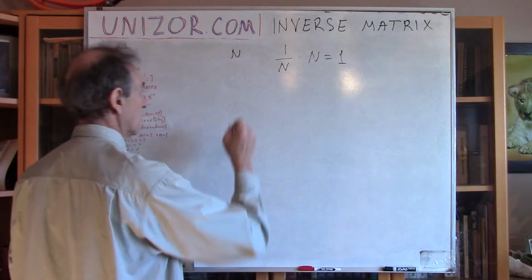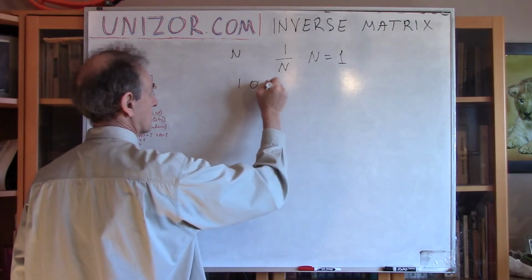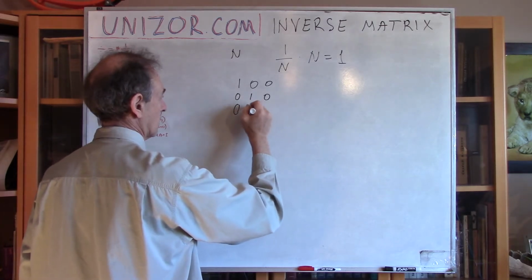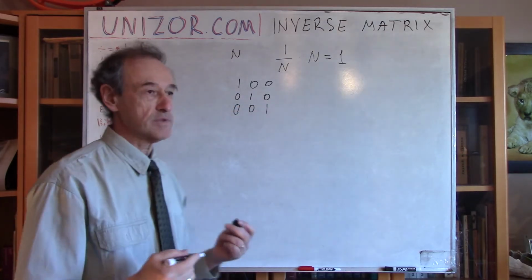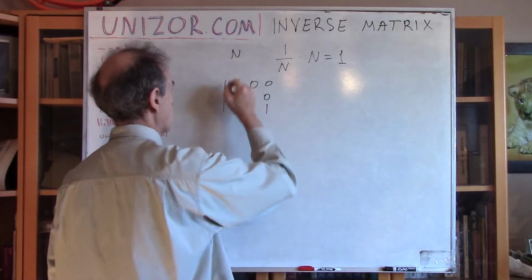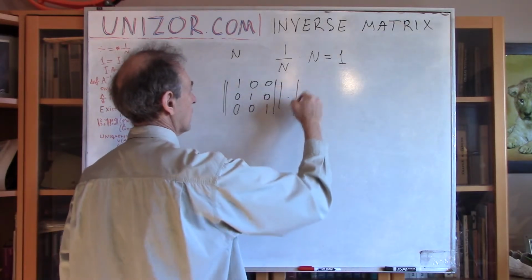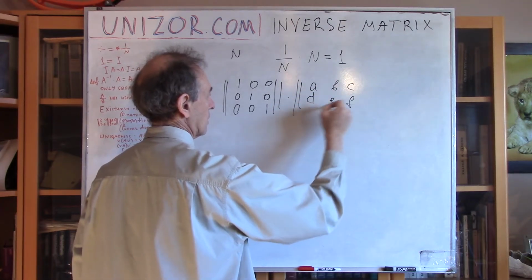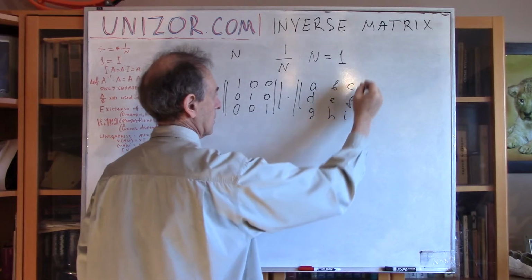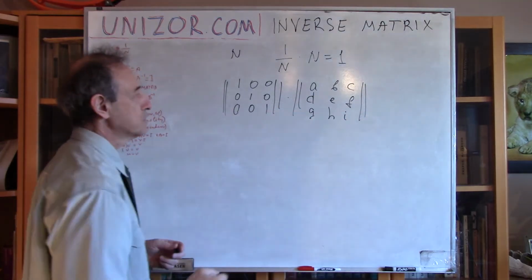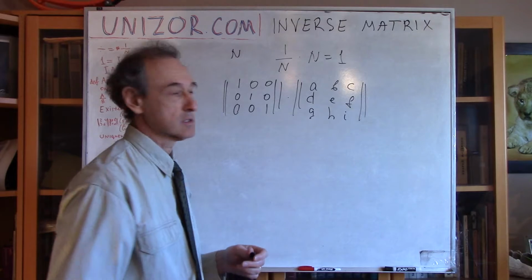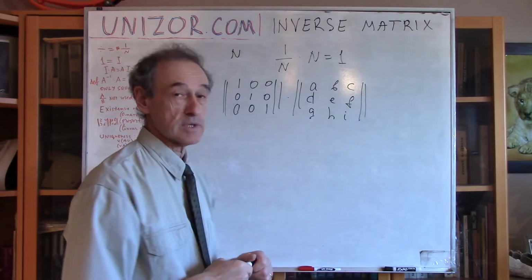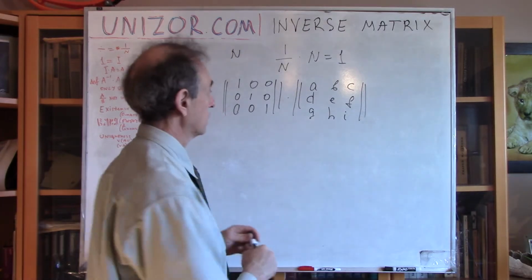Identity matrix is something which contains ones on the main diagonal. Now, the property of this matrix is such that if it's multiplied by any other matrix, the result would be exactly this particular matrix. We have already showed that in the previous lectures related to multiplication of matrix.